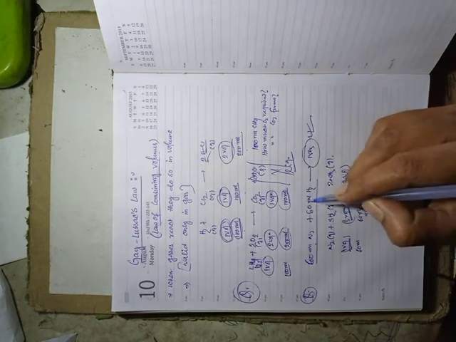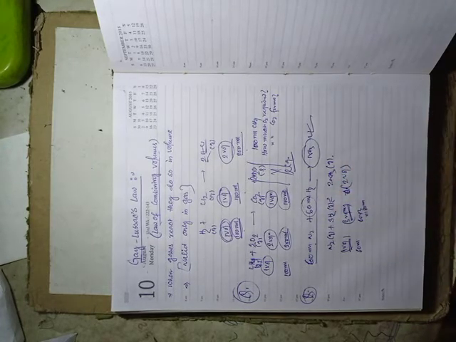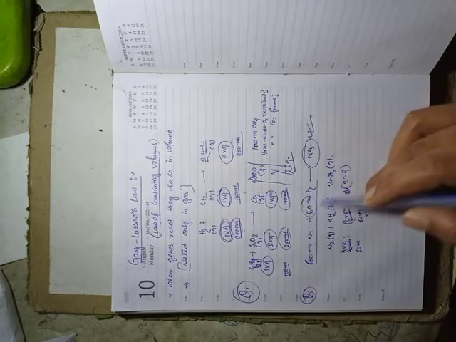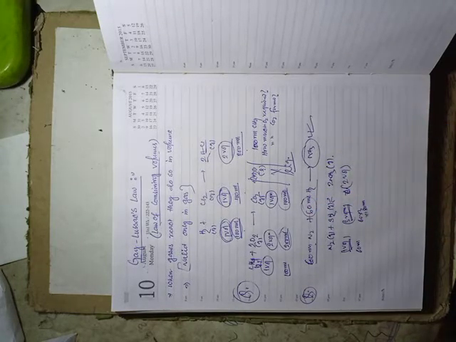But here you see only 60 ml hydrogen has been given. That means the total amount of hydrogen is very less. That's why hydrogen is the limiting reagent, meaning it will be completely used up by the reaction.